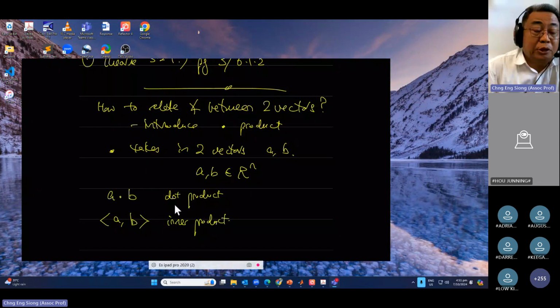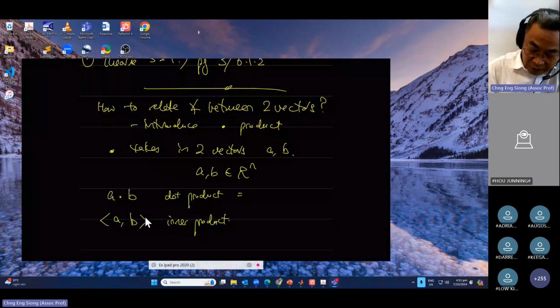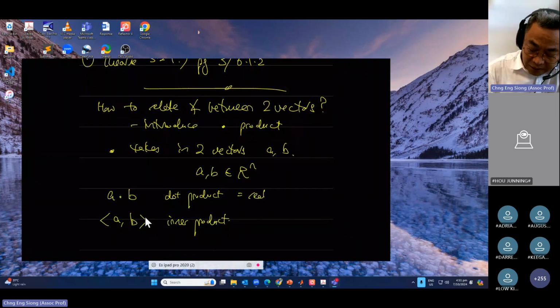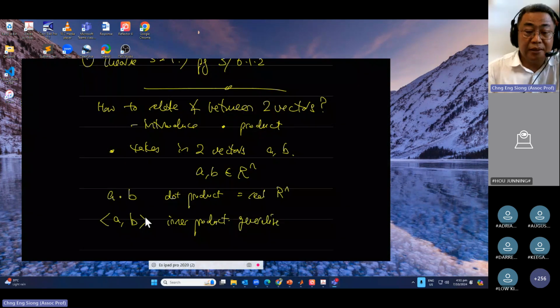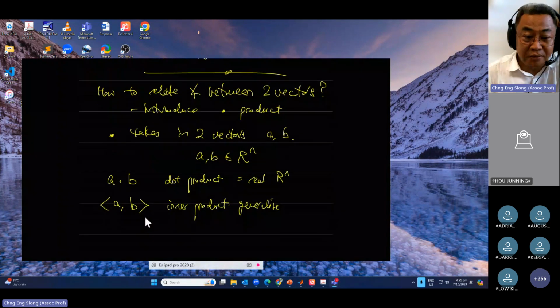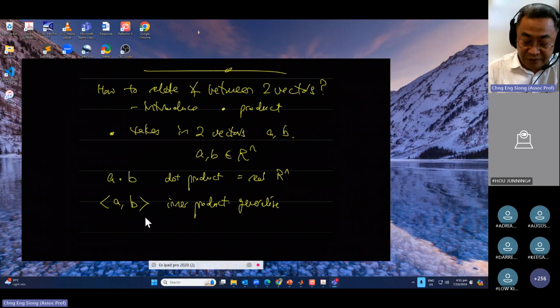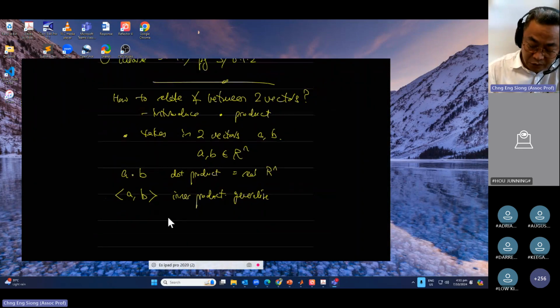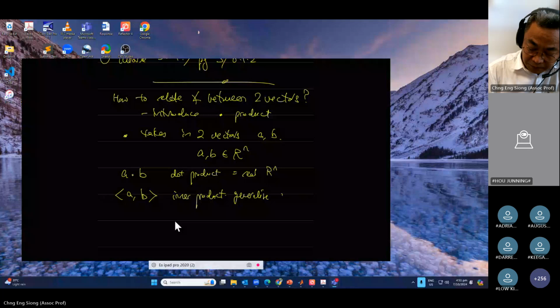The dot product is the special case of the inner product, the most special case that deals with real vectors, so this is dealing with real Rn. And the inner product generalizes to different vectors, to Cn or whatever, even a as a function. It generalizes the dot product.